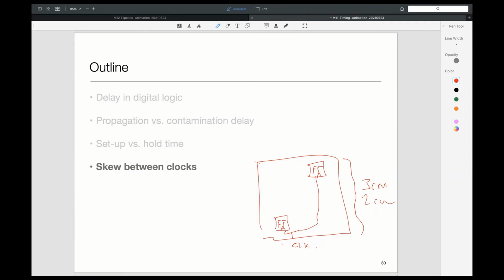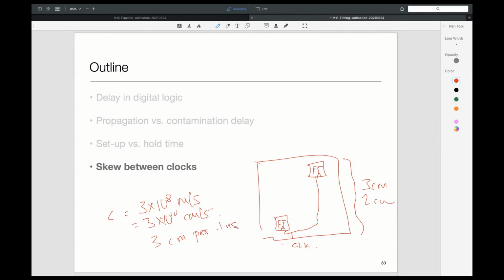Well, what is the speed of light? Speed of light, c, is 3 × 10⁸ meters per second, or 3 × 10¹⁰ centimeters per second, which is another way of saying 3 centimeters per 0.1 nanosecond.